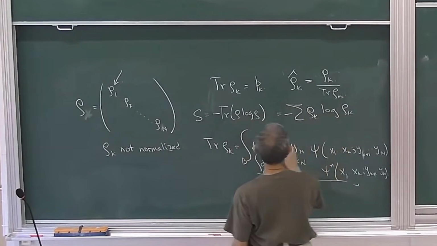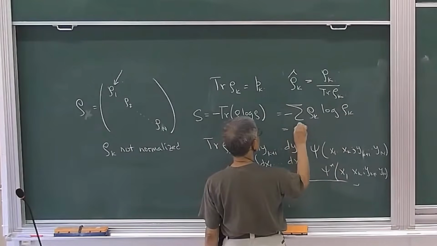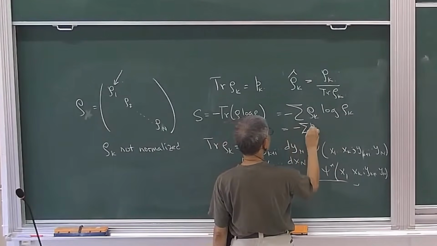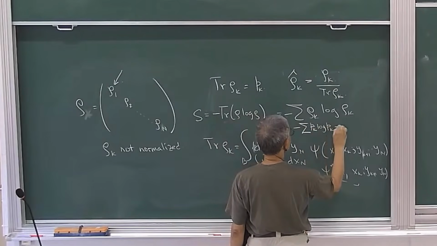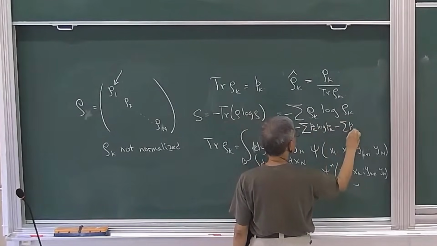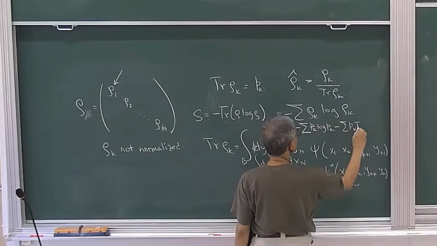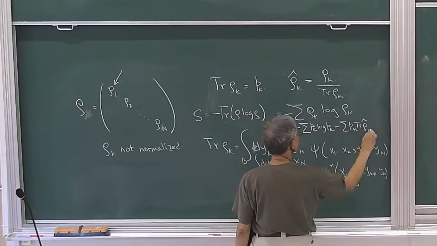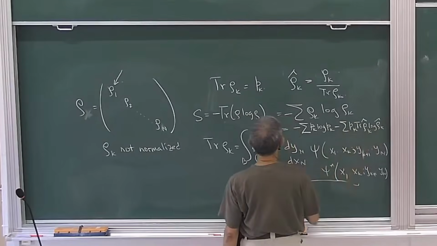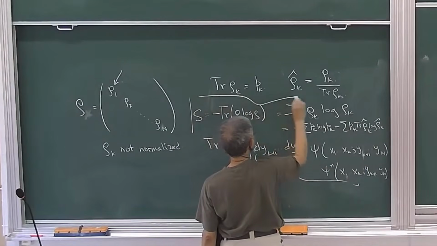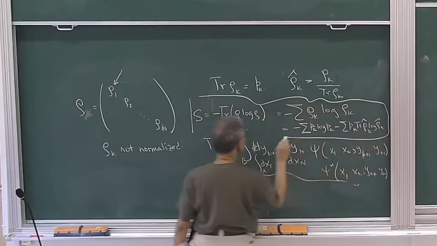So this, I'll just write it. You can check, becomes p_k log p_k. Actually, let me write this formula here. Let me keep this. Everybody can see the formula that I wrote here.